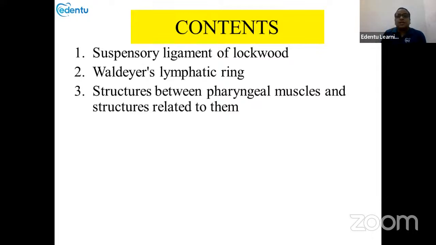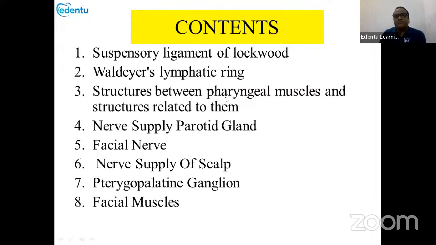The third question is structures passing between the pharyngeal muscles, that is superior constrictor, middle constrictor, inferior constrictor. What are the structures passing through them? It's very confusing, so I'll give you a mnemonic for that. With that mnemonic, we can easily decode and write the answer. That will be the third question of the day.